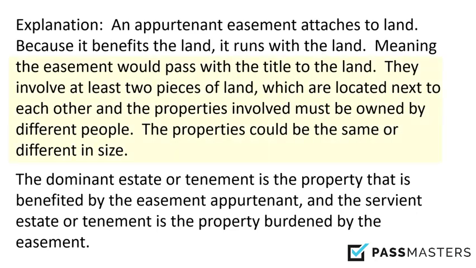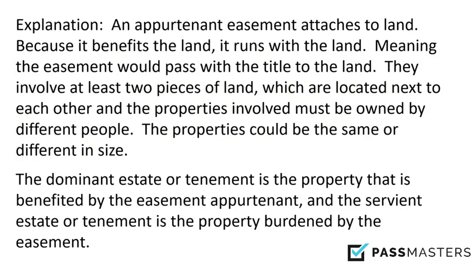Okay, so let's move forward a little bit. They involve at least two pieces of land, which are located next to each other, and the properties involved must be owned by different people. Obviously, if she owned that other piece of land, she wouldn't need that easement because that other piece of land basically has direct access to a public road. Properties could be the same or different sizes. That's true. We talked about that. Further on, you need to know these definitions.